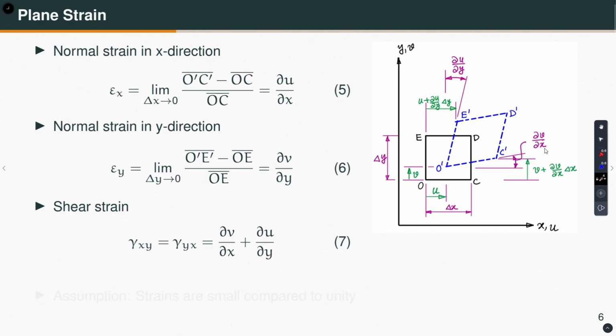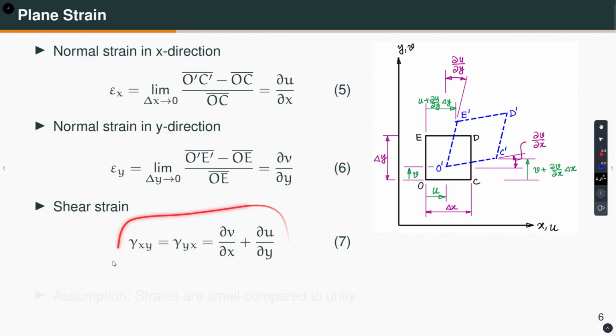It is nothing but the slope. If the displacement variable in the y direction is v, then the change in v with respect to x is del v del x. So, this angle is simply del v del x. Similarly, this is del u del y. So, the total change in angle is this plus that, which is my shear strain.